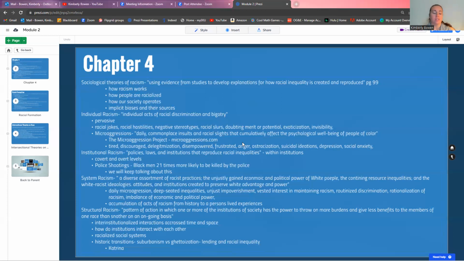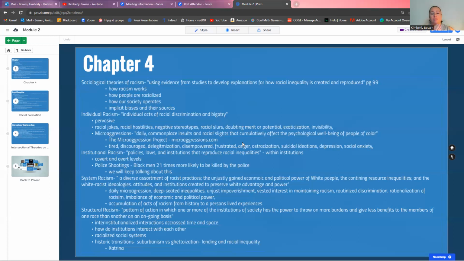The idea behind a sociological theory is that it is essentially an educated answer to a social situation based on gathered data, whether that be observations, surveys, or any of those methods that we use in sociology to gather data. We acquire a whole bunch of data about a topic, and then, using that evidence, develop explanations for why a phenomenon is happening in society, right?